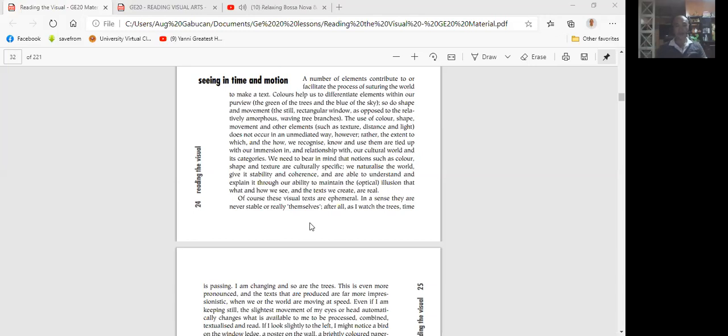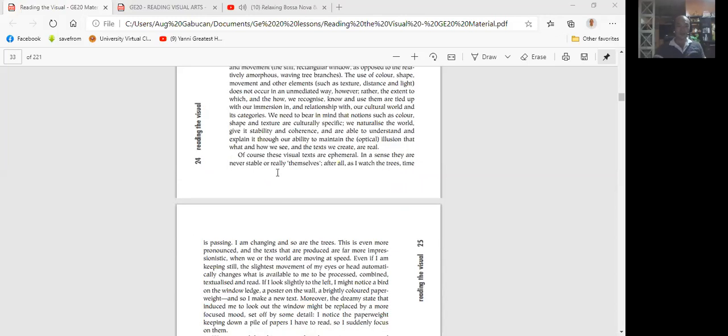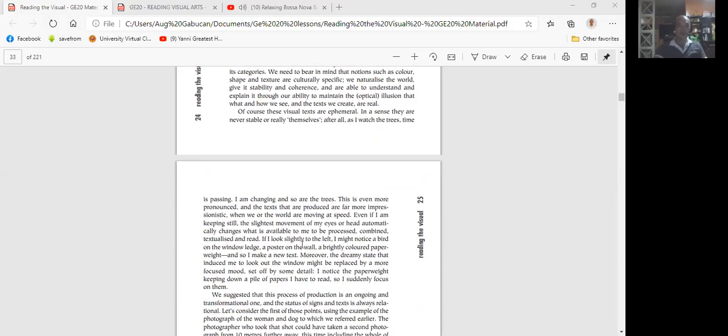Rather, the extent to which and how we recognize, know, or use them are tied up with our immersion in and relationship with our cultural world and its categories. They also mention here that visual texts are ephemeral. Ephemeral means temporary. So they are never stable or really are in themselves.